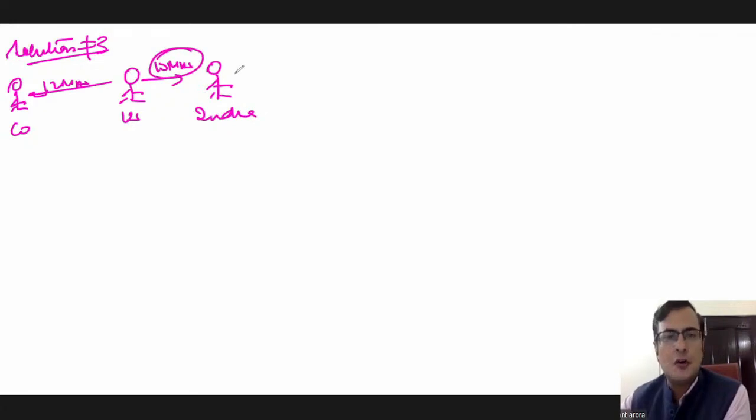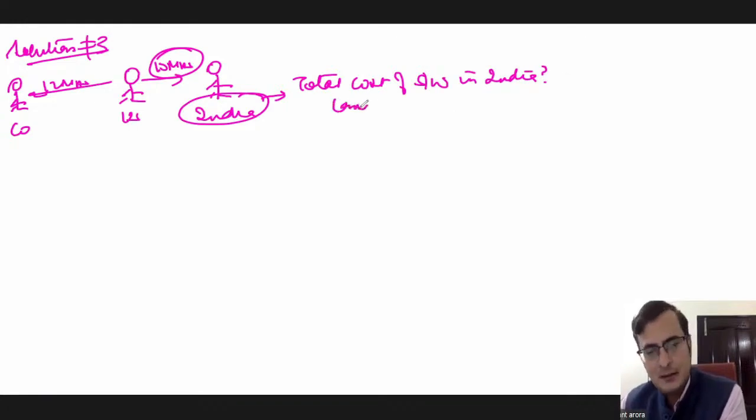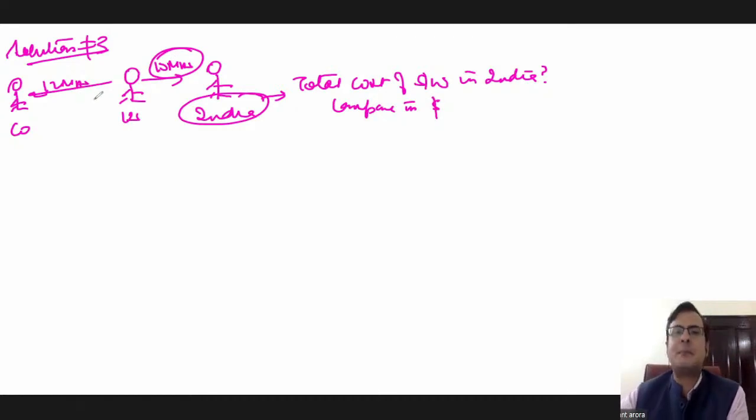Now we have to see what the total cost will be in India, and compare in dollars. Since all these transactions are happening in dollars, you will calculate the cost in India and compare it with the cost in dollars, to see whether it is profitable or not, after incorporating all the taxes and all. Okay? Chalo.